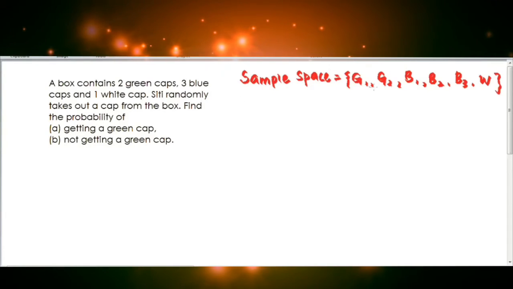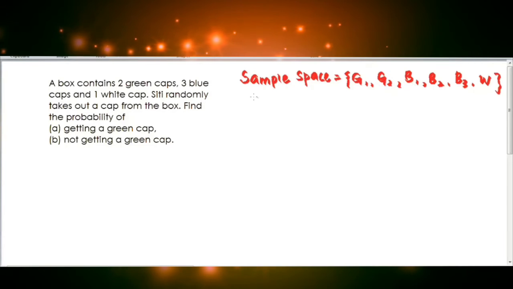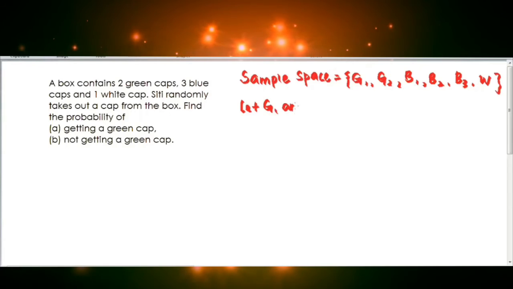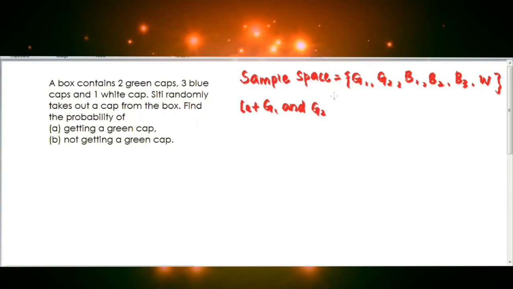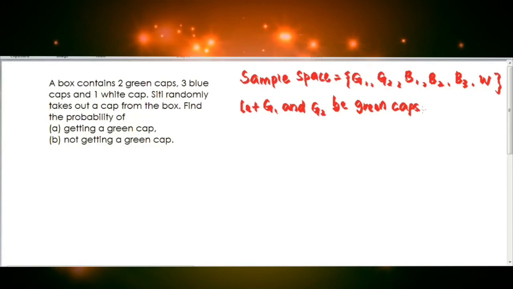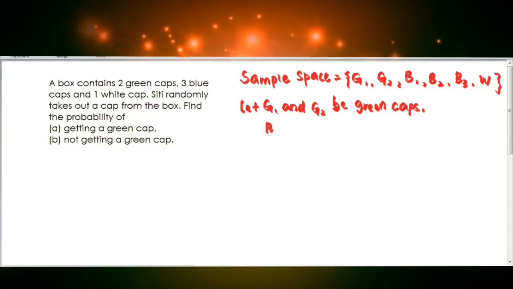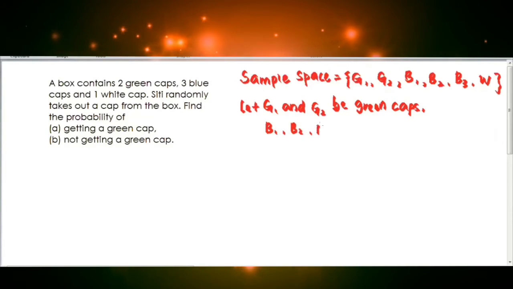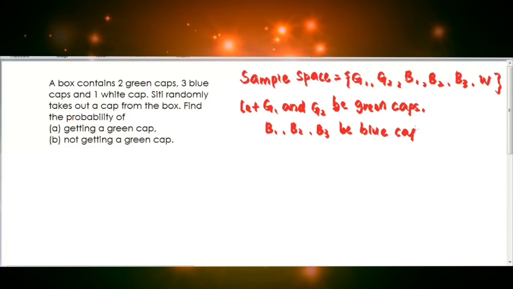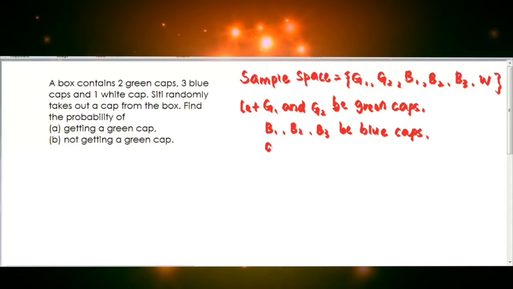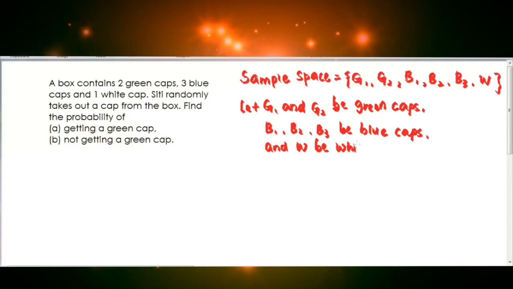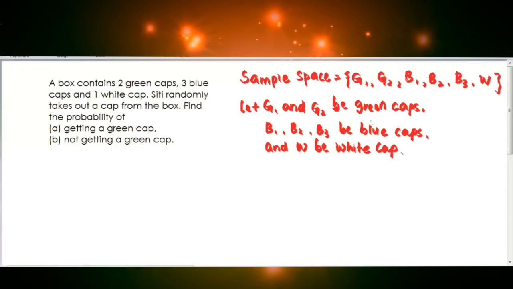Remember what your symbols are over here. Remember to write: let G1 and G2 be the green cards, B1, B2, B3 be the blue cards, and W be the white card.